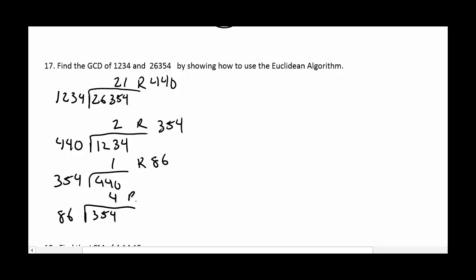So it goes in there 4 times. And I need a remainder, so 354 minus 86 times 4, I get 10. So we'll move this over here. So 10 goes into 86. That would be 8 times with a remainder of 6.